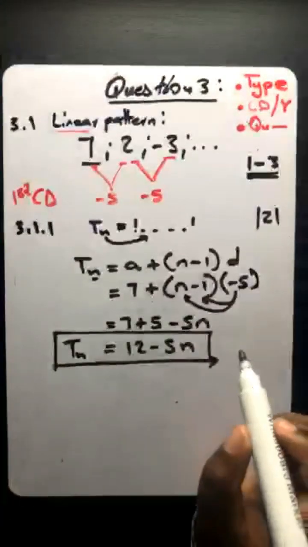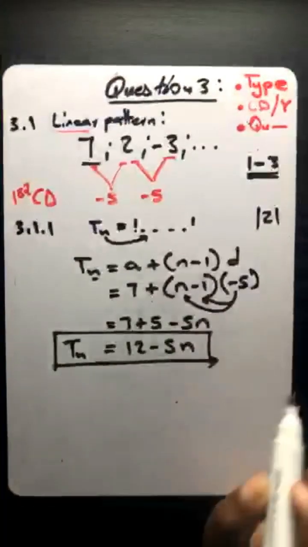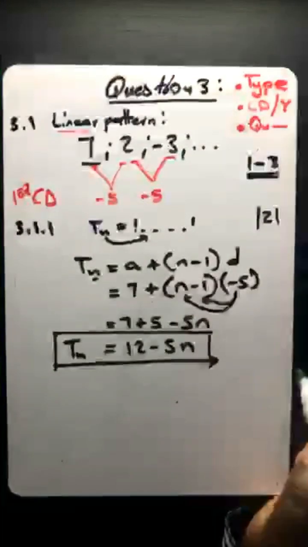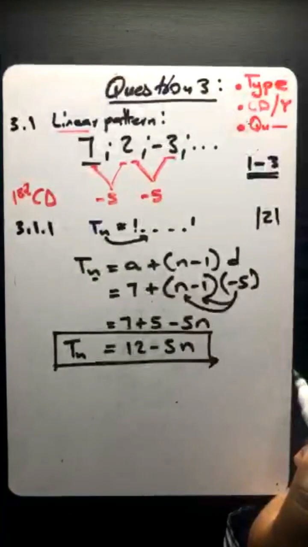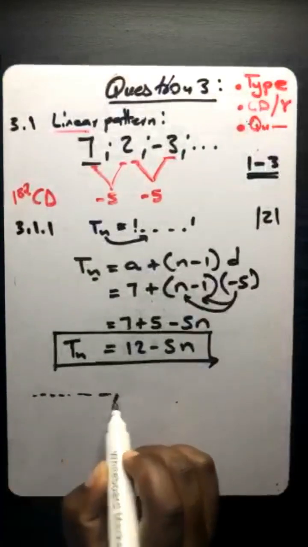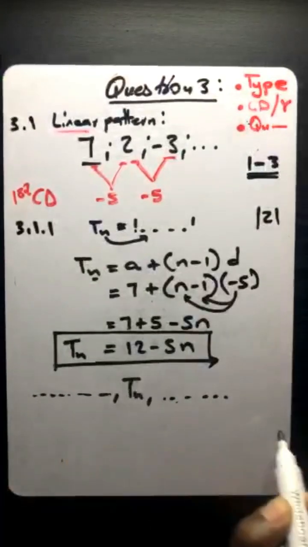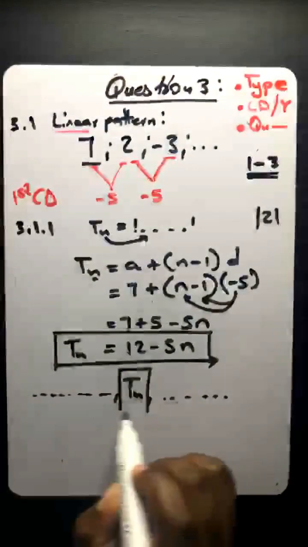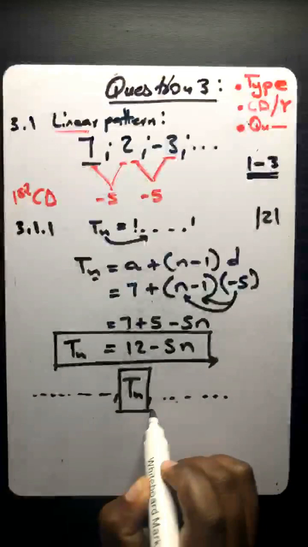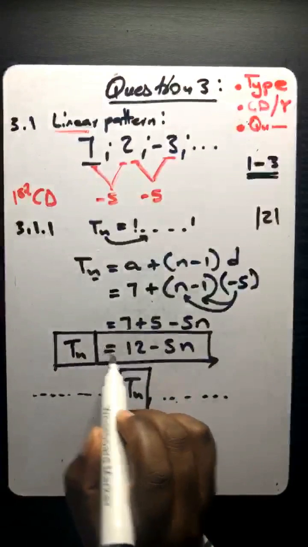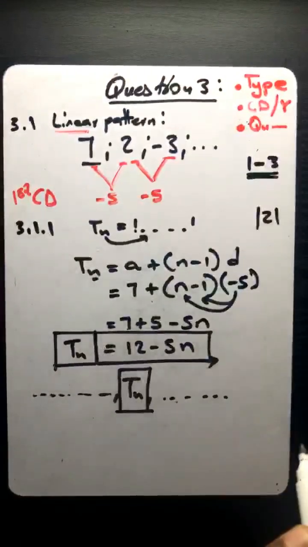Okay. So I understand your question, honorable member, but maybe let me quickly reread that question. It says determine the general term Tn. So can you see, determine the general term, comma, Tn of the linear pattern. So can you see that they actually want Tn, meaning whatever that you do, you need to have Tn on one side, which is equals to whatever that is simplified.